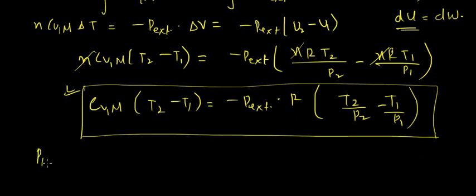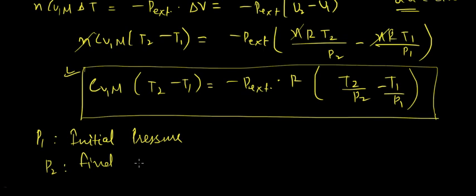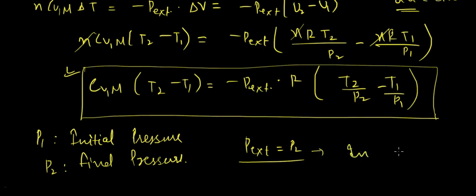To reiterate, P1 is the initial pressure and P2 is the final pressure, and P external would be equal to P2 in a complete expansion or compression process.